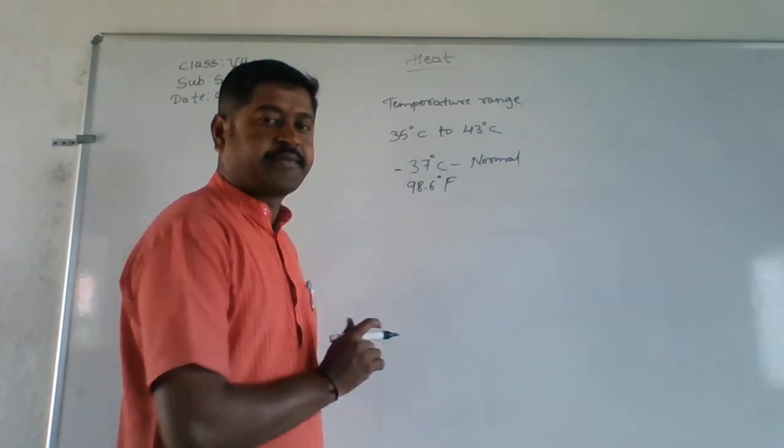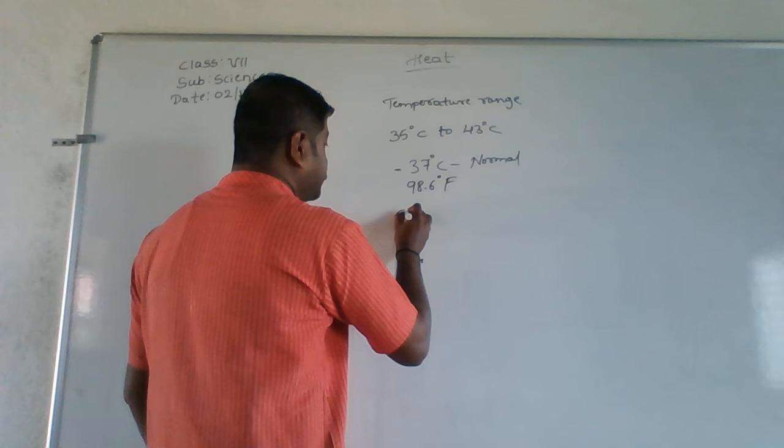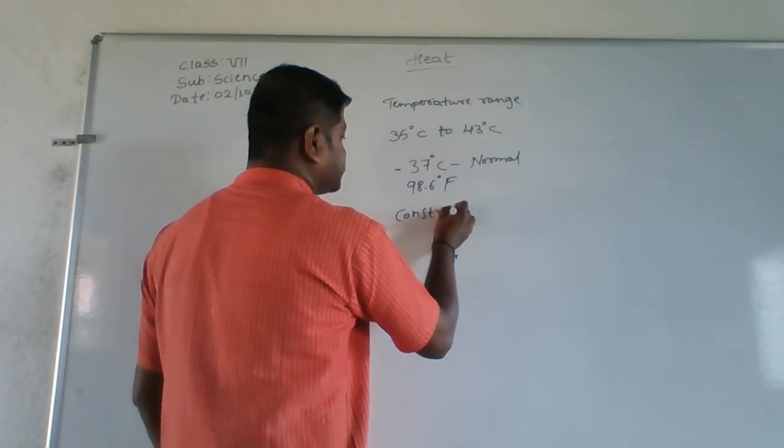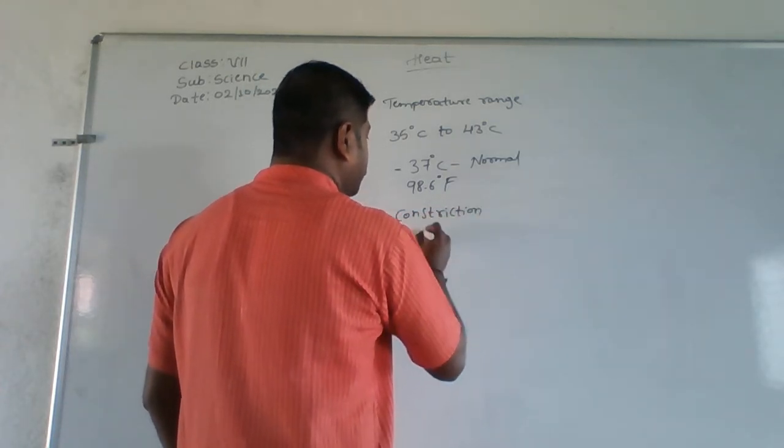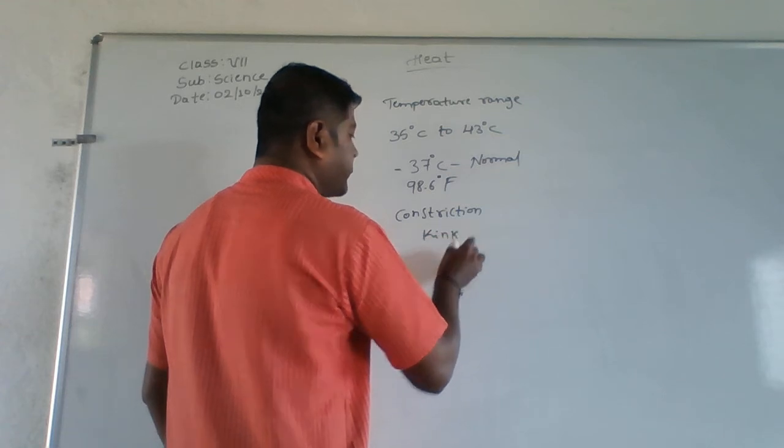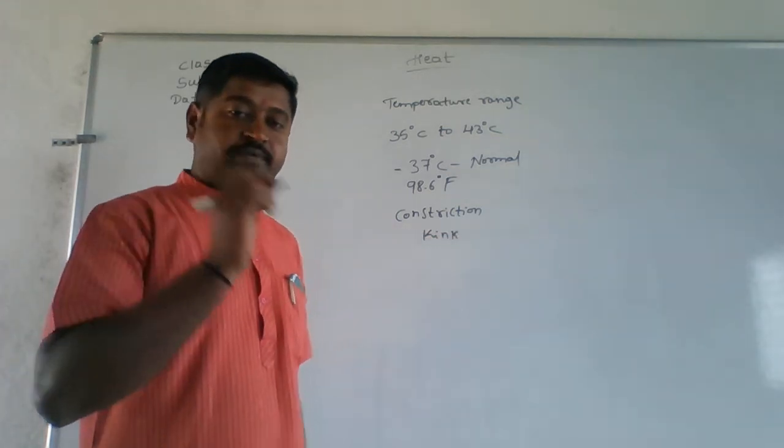And remember, there is a constriction, or we also call it a kink, near the bulb.